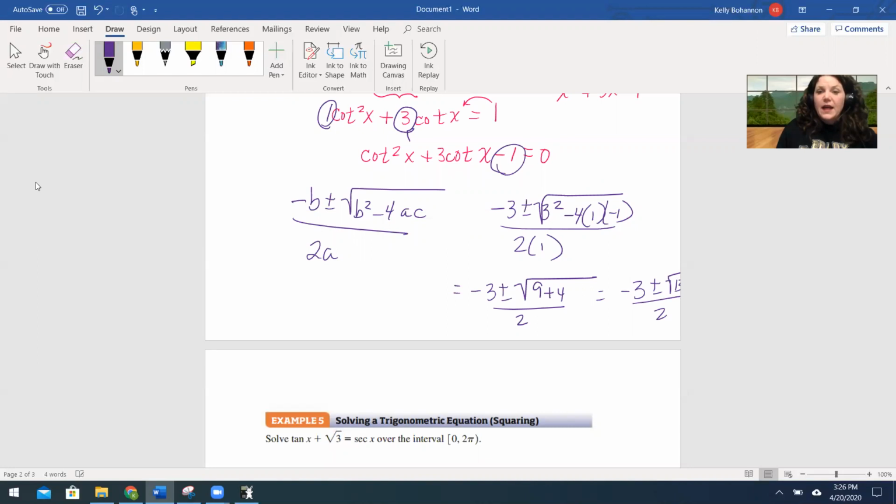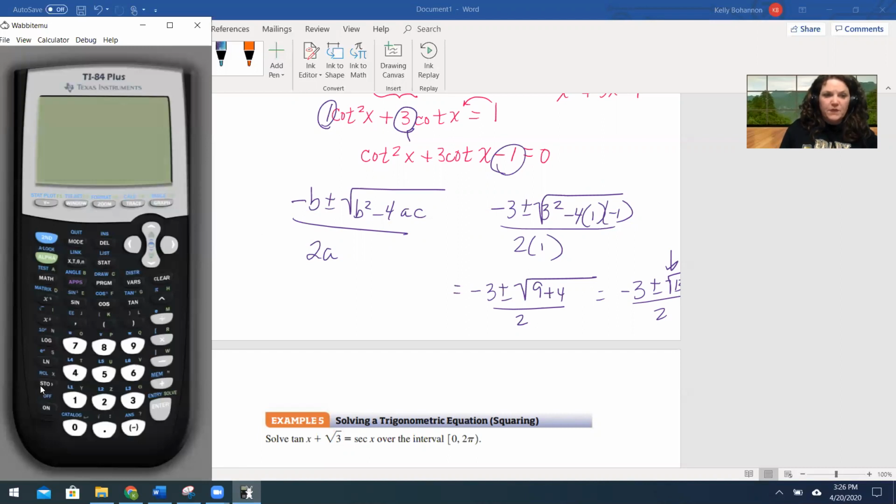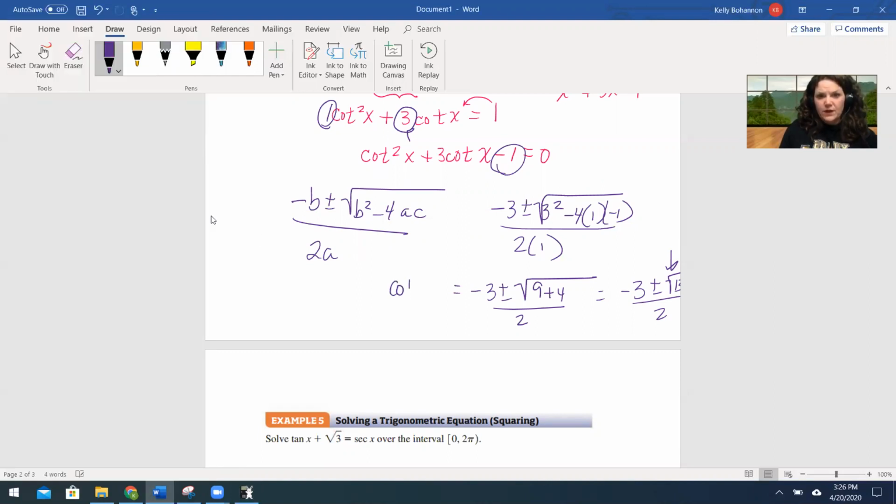Now, this is an exact answer, but square root 13 is not something that's on the unit circle, which means I'm going to have to put this in my calculator. I'm going to put it in twice and get 2 separate decimal answers. And remember, right now this is cotangent, so cotangent of x equals this.